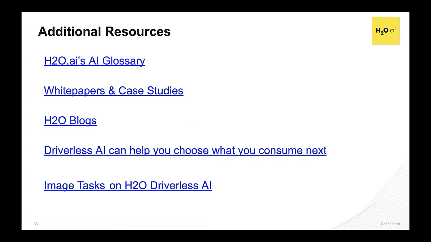I see a few questions around if I could provide some information on recommender systems. I'd recommend checking out the blog post, Driverless AI can help you choose what you consume next. And yes, Driverless does do recommender systems. This blog post covers a bit more about it.